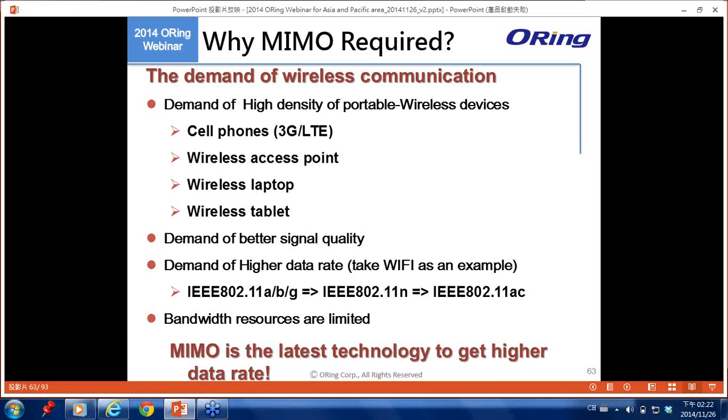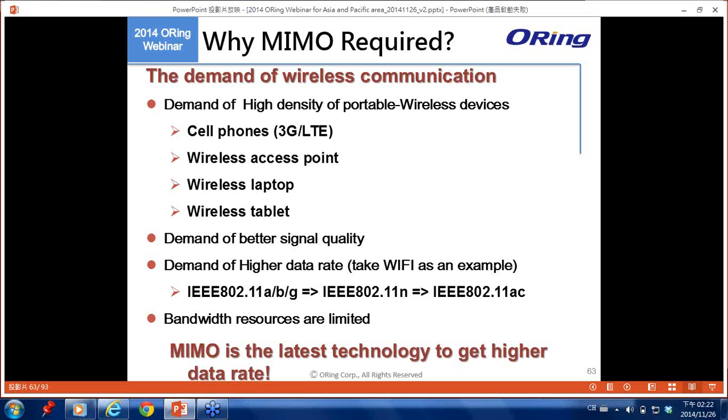We use cellular phones and wireless data communication by mobile devices like laptops or tablets. New wireless communication technologies were developed for these applications, for example 3G, LTE, which stands for long-term evolution, and WiMAX. These technologies are used for mobile applications, and IEEE 802.11n and IEEE 802.11ac for Wi-Fi applications.